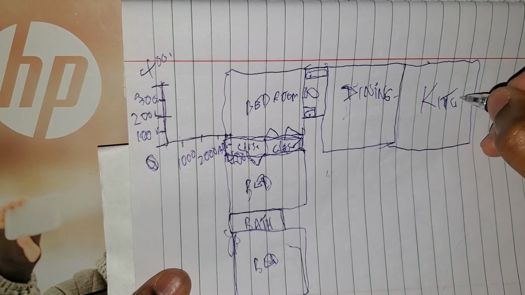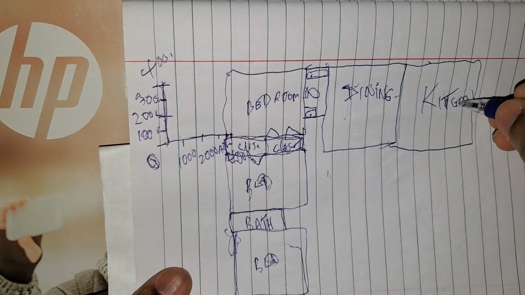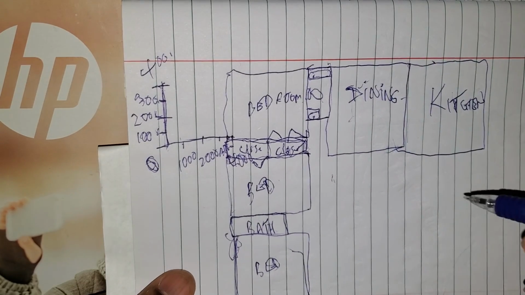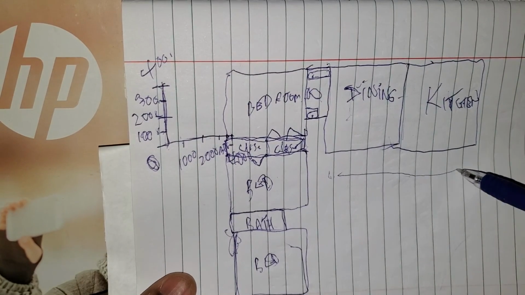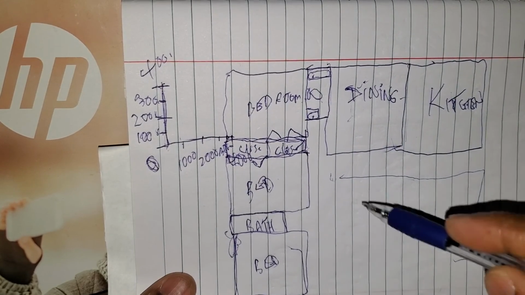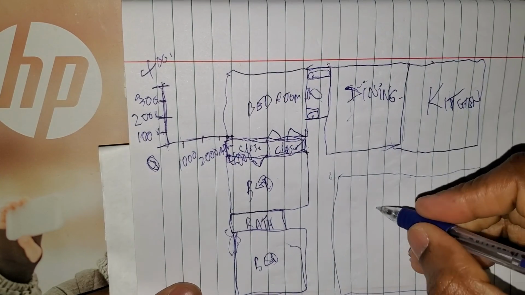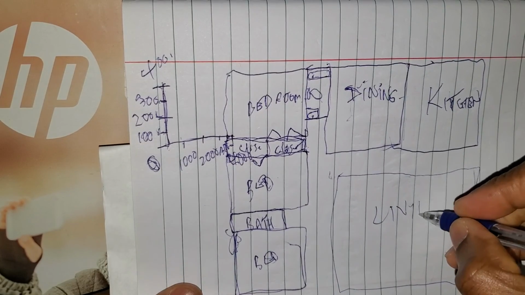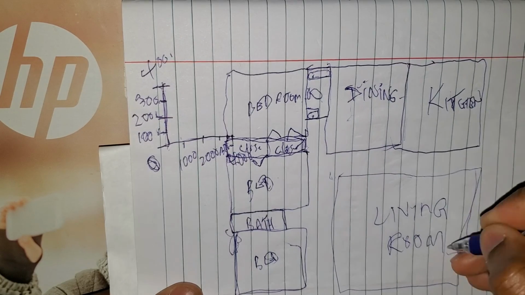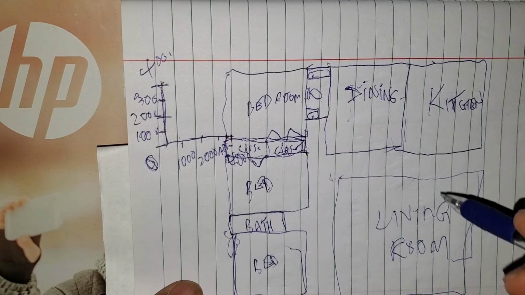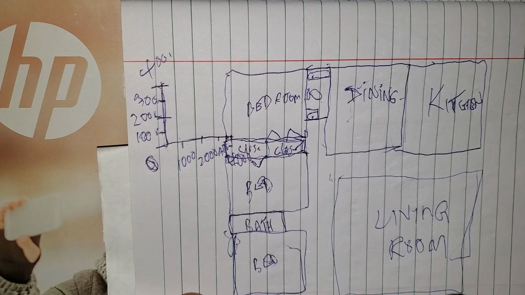KITCHEN. Kitchen. Right? From there, we would want a passage here. We could have a living space here, a living room. Right? This could be all in one. This could be an open concept.